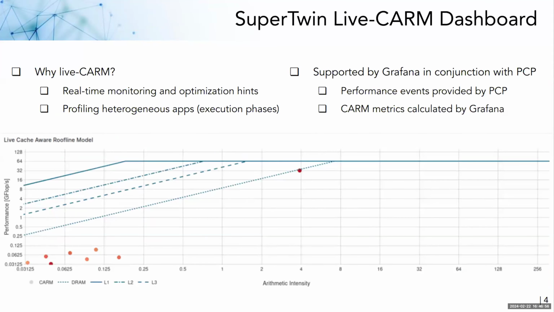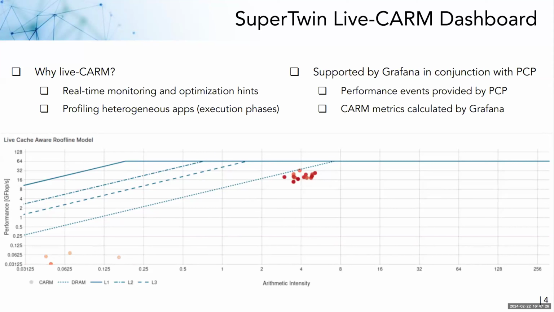Because SuperTwin has live monitoring features that allow for very big flexibility in the sourcing of metrics, we can make something that combines the static results of the CARM micro benchmarks and the live reports of the performance units of your computer. For example, we are able to do this live CARM dashboard, which will be generated for your system with SuperTwin.